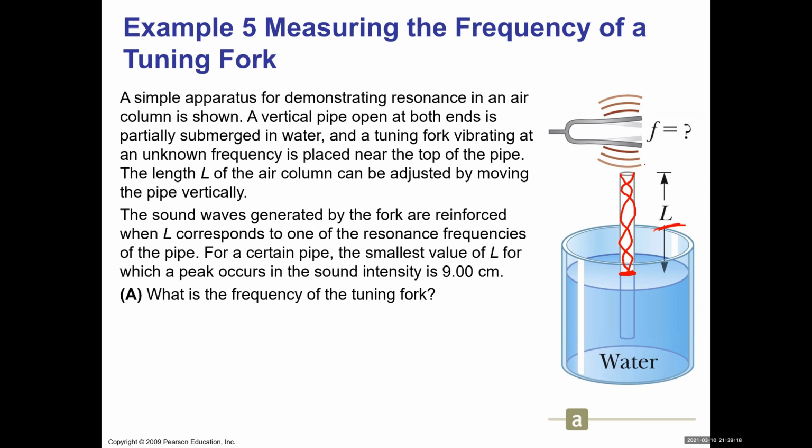Now, for a certain pipe, the smallest value of L for which a peak occurs in the sound intensity is 9 centimeters. What is the frequency of the tuning fork? Whenever this 9 centimeters is achieved, the length between the open end and the water is 9 centimeters.